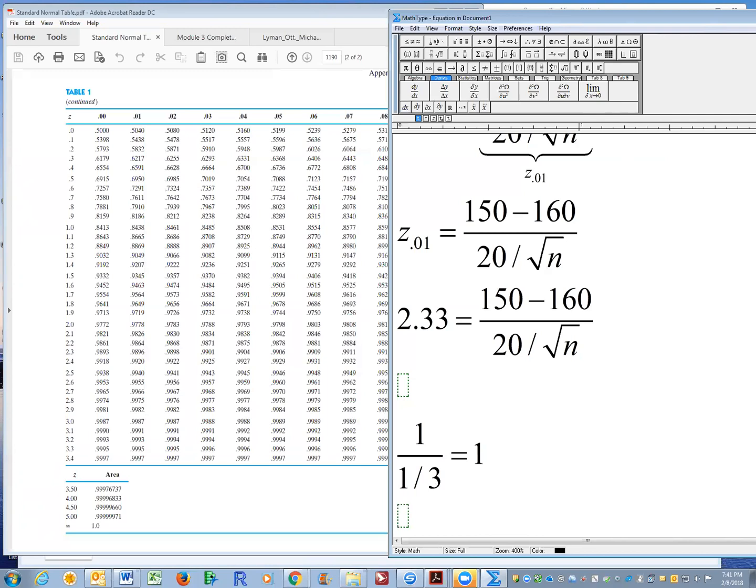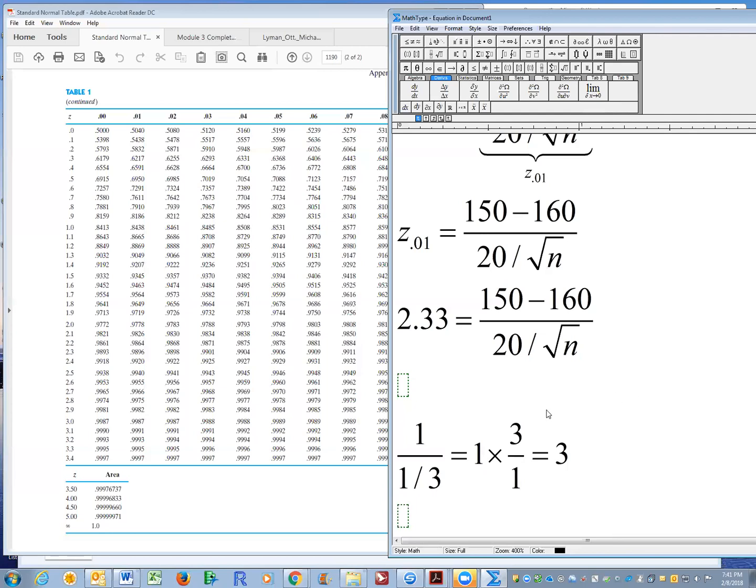times the reciprocal of what I'm dividing by, 1/3. The reciprocal of 1/3 is going to be 3 over 1. And 1 times 3 over 1 is really just 3, right?